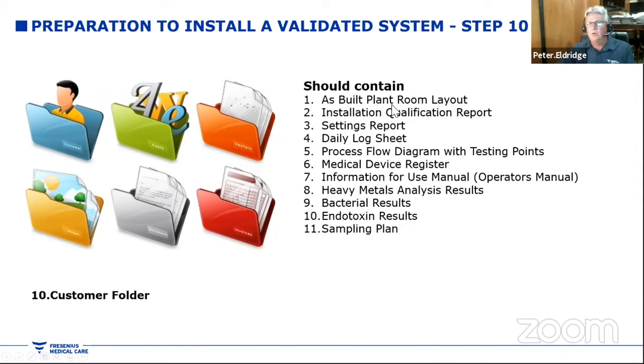And we should get the drawings of the plant room layout, the installation qualification report, settings report, daily log sheet, process flows, your medical device register, information for use manual, your heavy metals result, your bacterial results, your endotoxin results, and then a sampling plan. So this sampling plan is something you develop together, so from the supplier as well as your own requirements.